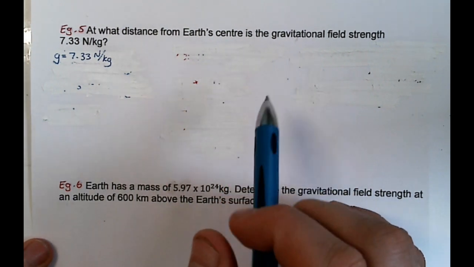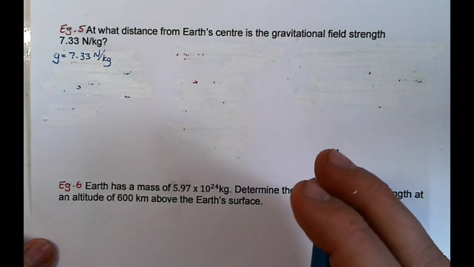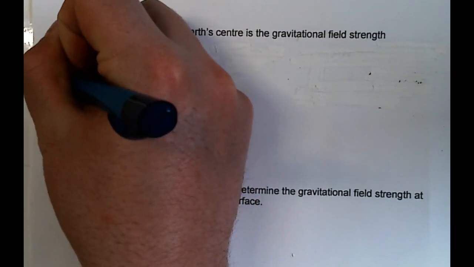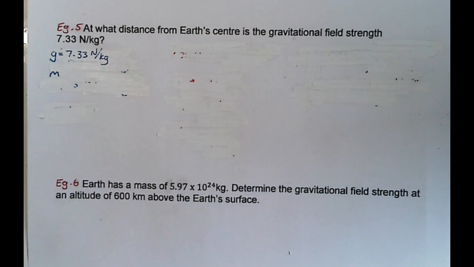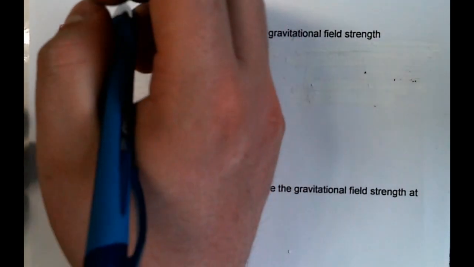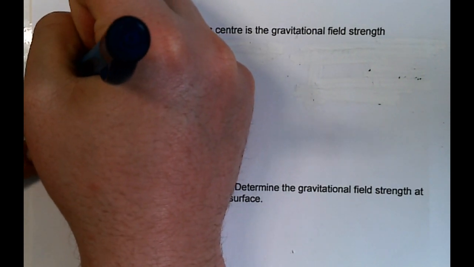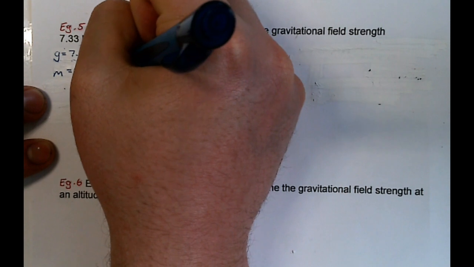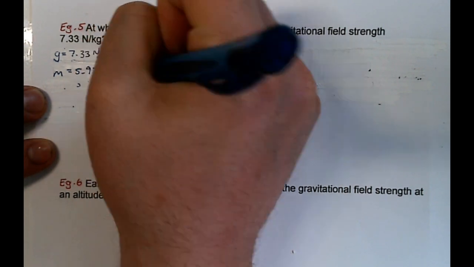What we do know also from our formula sheet is that the Earth itself has a mass of 5.97 times 10 to the 24 kilograms.